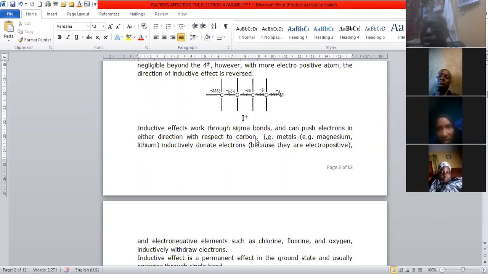Even if you have bromopropane, you still have a negative inductive effect because bromine pulls electrons toward itself. But for example, if you have zinc attached to propane, zinc is a metal atom. Instead of pulling electrons, zinc will be donating electrons to the carbon chain. In that situation, we have a positive inductive effect. Do you get that now?